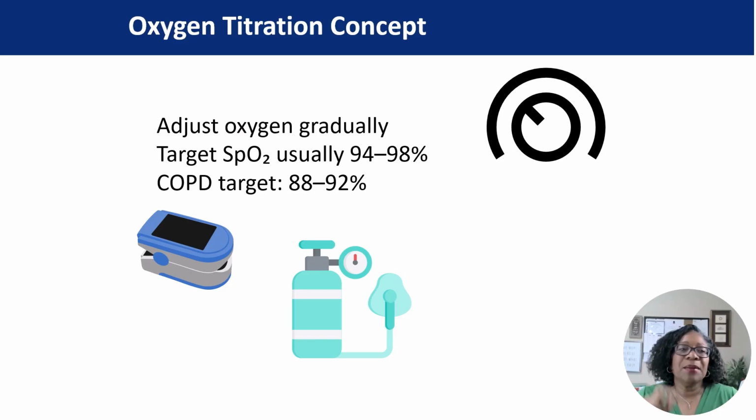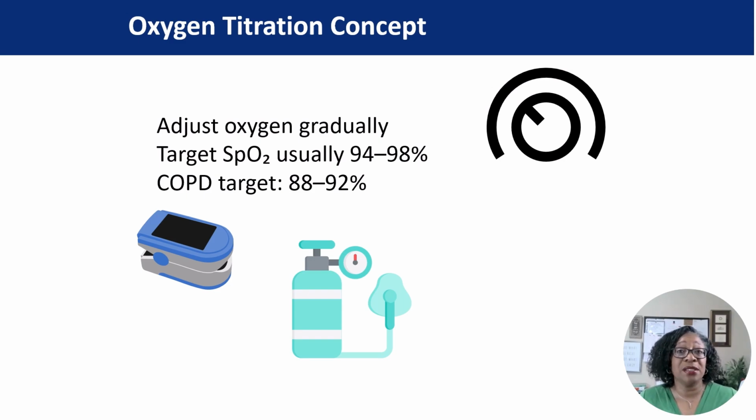Now, one of the biggest mistakes students make is thinking that oxygen is either on or off. In reality, oxygen is titrated, meaning you as the nurse are going to adjust the oxygen based on the patient's needs. So titration means gradually increasing or decreasing oxygen delivery in order to maintain a safe oxygen saturation level.